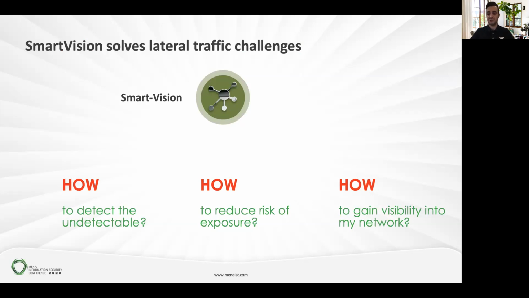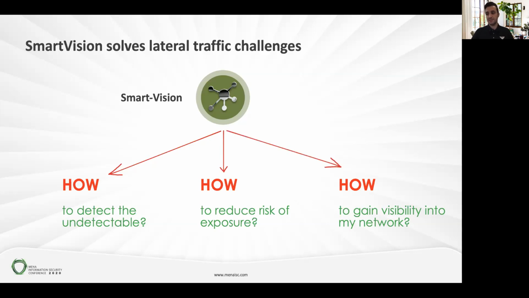Those challenges are, first, how do I detect a suspicious lateral transfer in my environment before any data is lost. The second challenge is, if I got breached, how do I minimize malicious lateral movement attacks and prevent further damage to my organization.